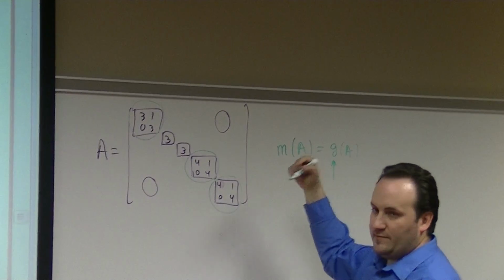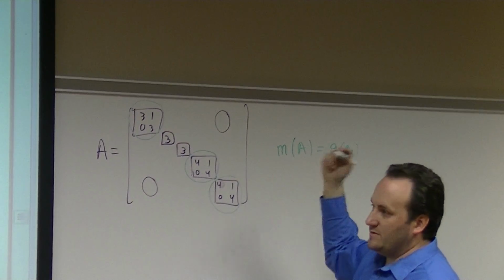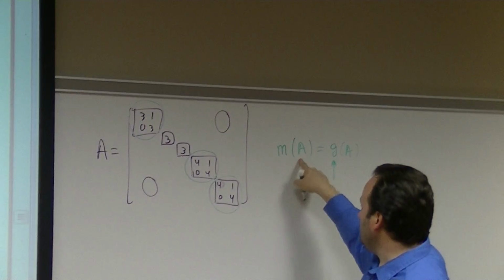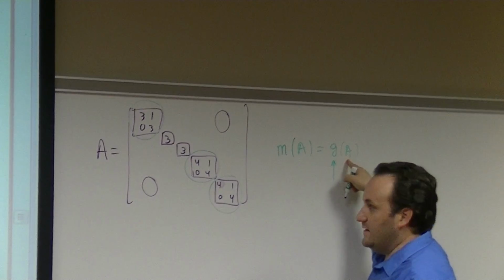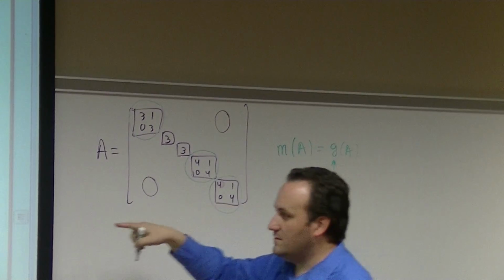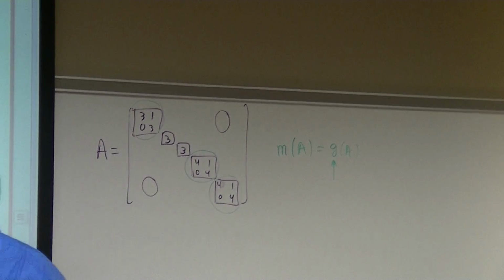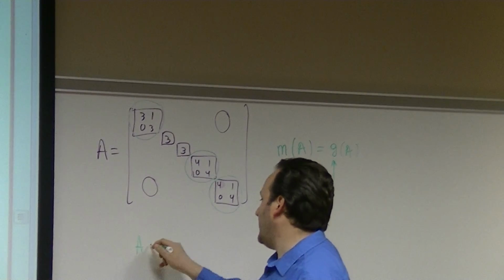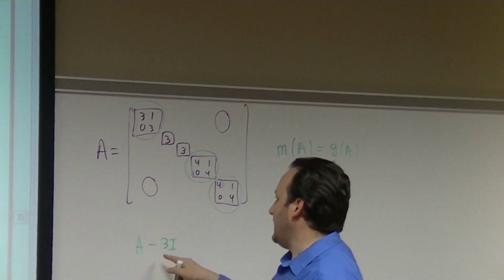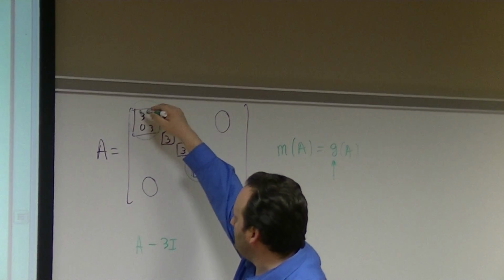I'm just saying you might use m for minimal if you wanted, just language. When you plug A into the polynomial, you'll get 0. And it's fairly easy to see why that would happen. If I take A minus 3I, you see what's going to happen? You're going to get rid of all these.